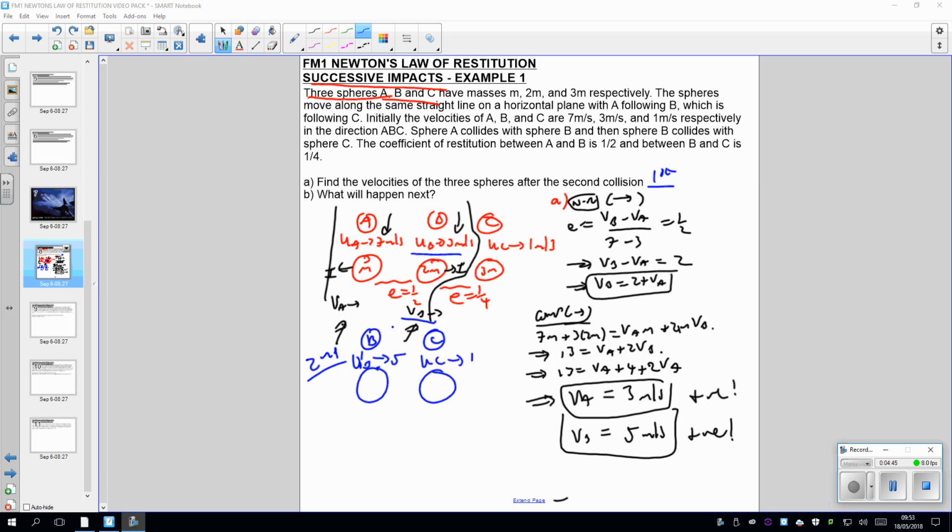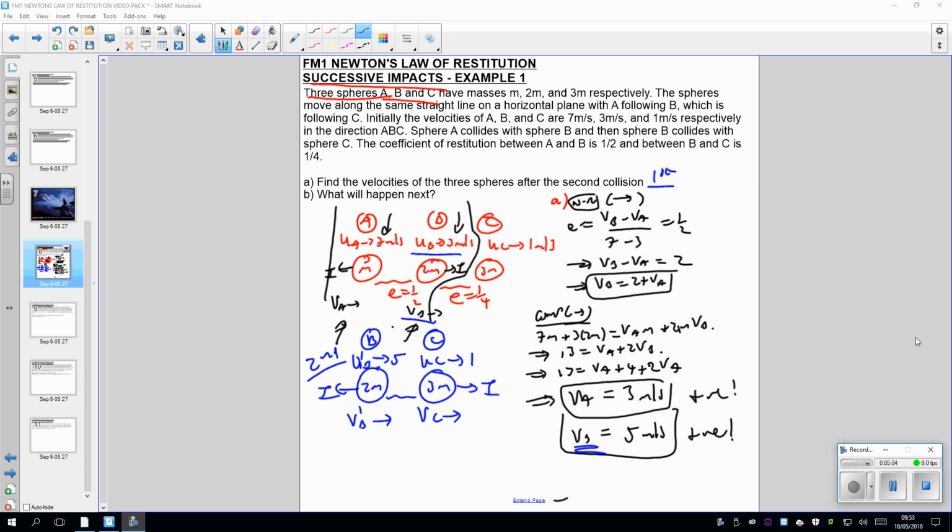UC is still traveling at 1 meter per second, with masses 2m and 3m. Again I don't know what's going to happen to VB after, so I'm going to call that VB dash because it's a separate VB to this one. And VC, well, that hasn't been hit yet, so that's still just VC.